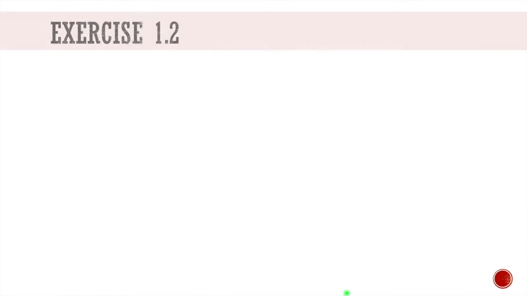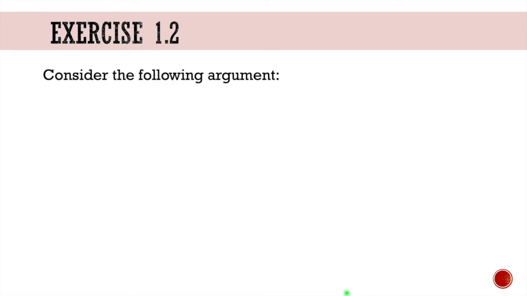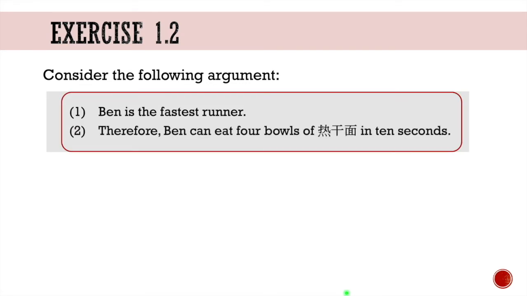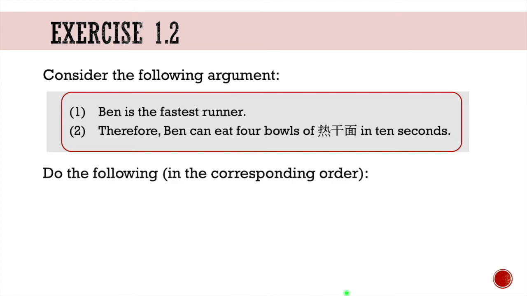Okay, now it's time to do an exercise, exercise 1.2. So consider the following argument. 1. Ben is the fastest runner. 2. Therefore, Ben can eat 4 bowls of ruganmian in 10 seconds. This is what you're supposed to do, in the corresponding order. A. Give a counter-argument.